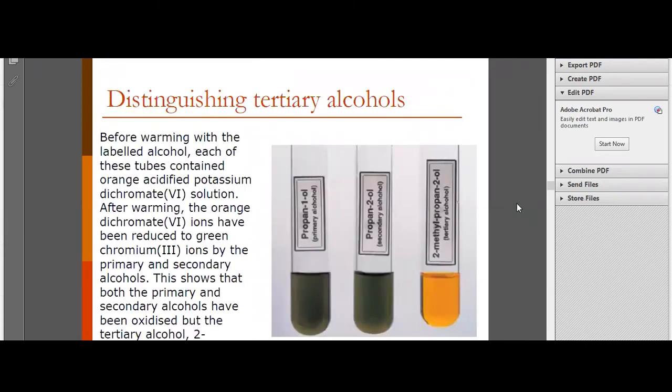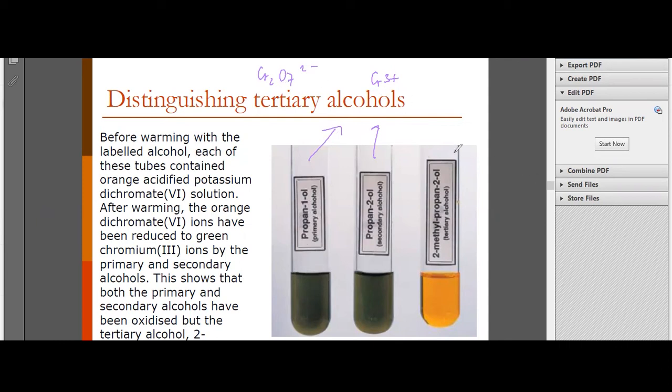So we can distinguish the primary and secondary from the tertiary by observing how the oxidizing agent changes color. If it changes color to green, that means the oxidation reaction occurred, because Cr2O7 2-, which is yellow-orange, changes to Cr3+ if the oxidation reaction occurs. Then the color changes from orange to green.